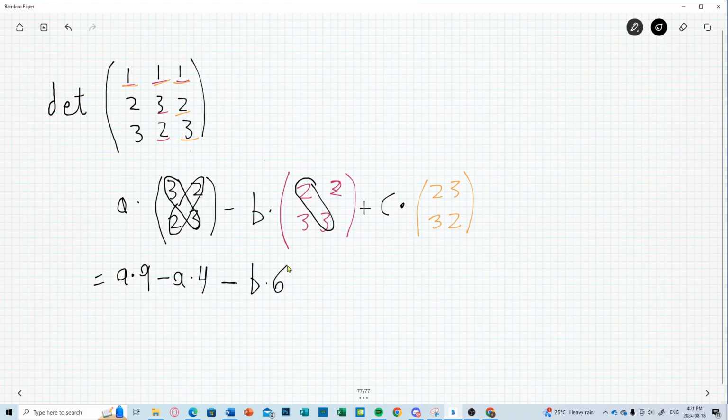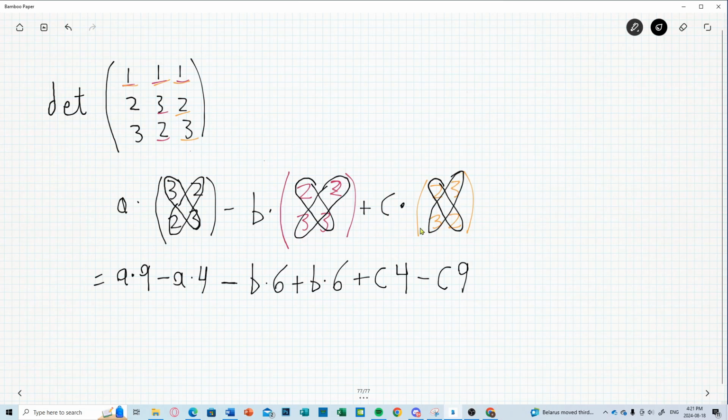So B multiplied by 6, and it's going to be plus 2 multiplied by 3, which is B multiplied by 6 again. And finally, we have plus C multiplied by 2 and 2, which gives us 4, minus C multiplied by 3 and 3, which gives us 9.